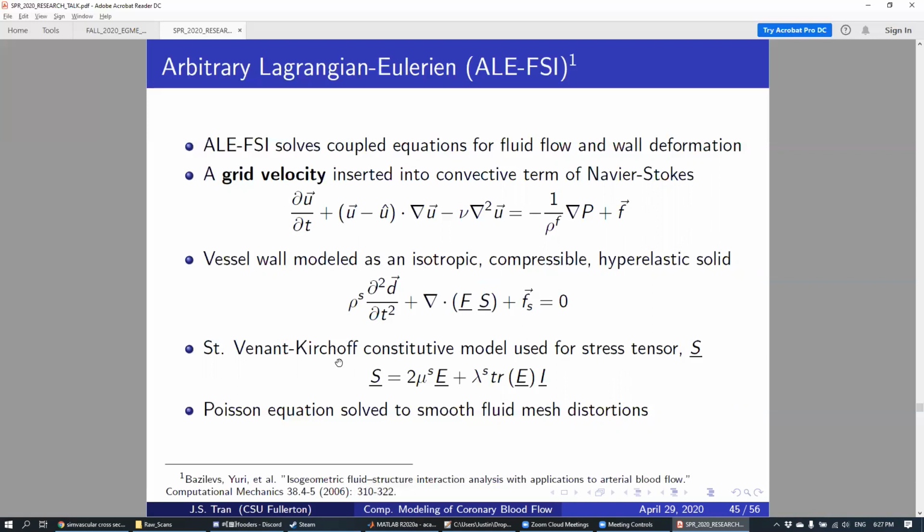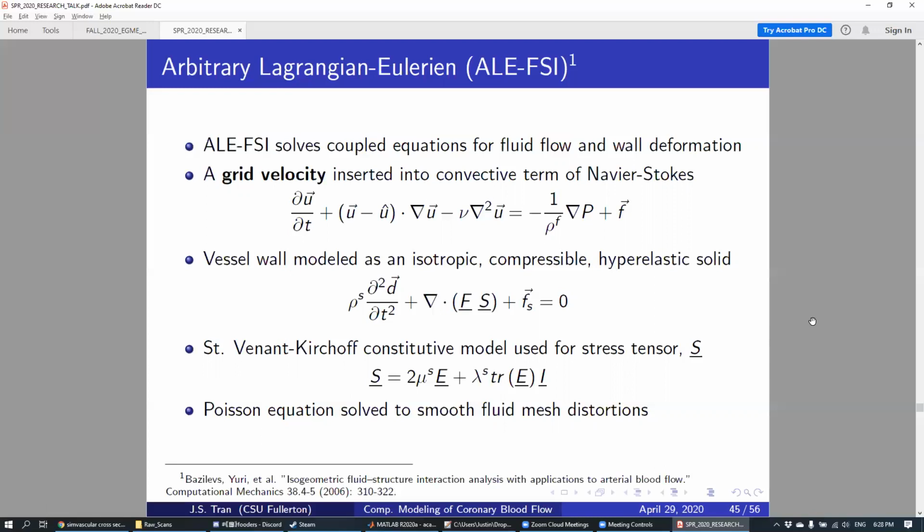This last equation here is what's called a constitutive model, and it tells us the stress-strain relationship for a hyperelastic solid. I'm using a fairly standard one, called the St. Venant-Kirchhoff model, and we're plugging this S function in for this S right here. One other thing is that since this is going to be a moving domain simulation, since our wall is actually going to be moving, we need to smooth out some of the distortions in our mesh.